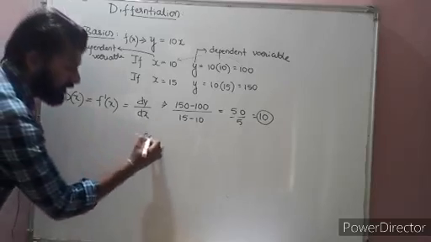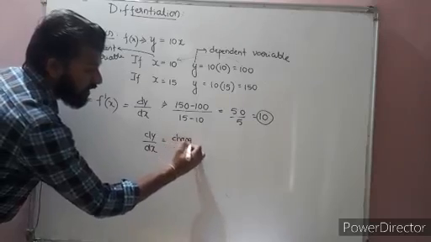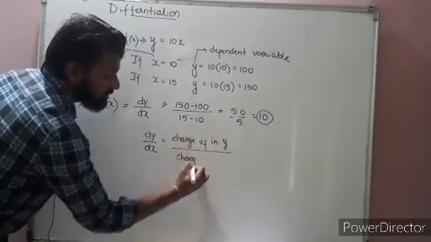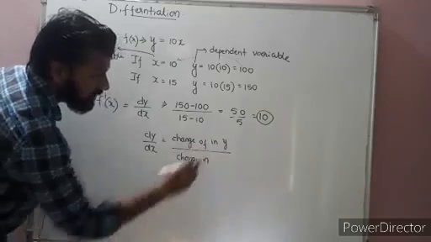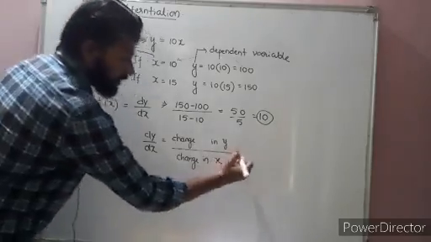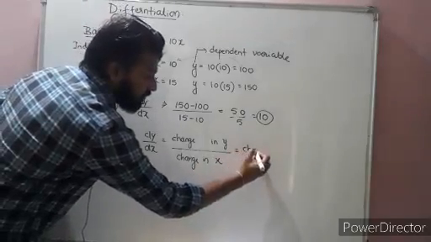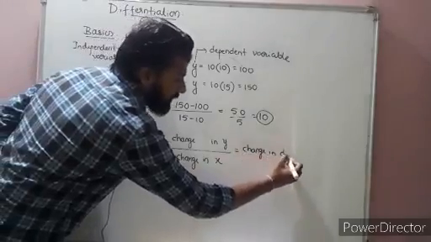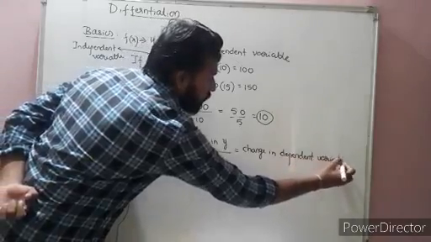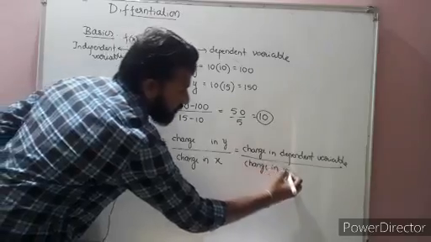So what we understood is that dy by dx is nothing but change in y divided by change in x, or you can also say change in dependent variable divided by change in independent variable.